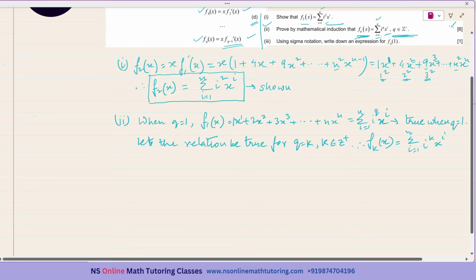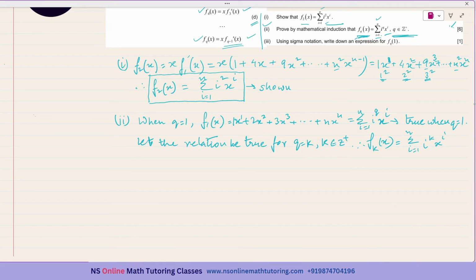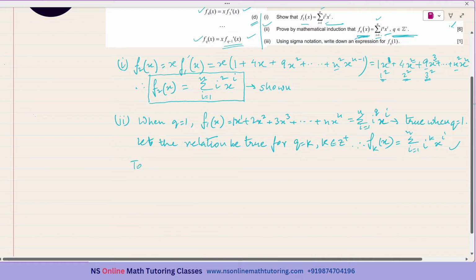Okay, let this relation be true for q equal to k. To prove: f_(k plus 1) of x is equal to sigma i equal to 1 to n of i raised to the power of k plus 1, x to the power of i, because q is equal to k plus 1 now. That means q equal to k plus 1 is true.